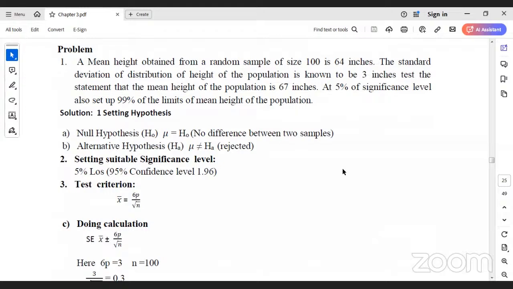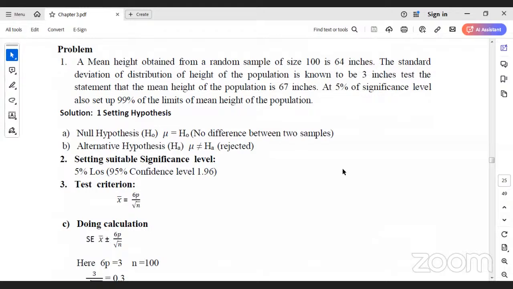The standard deviation of the distribution of height of the population is known to be 3 inches. Test the statement that the mean height of the population is 67 inches at 5% level of significance. Also set up 99% limits of the mean height of the population.